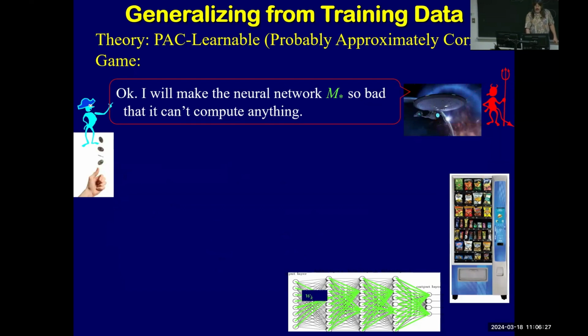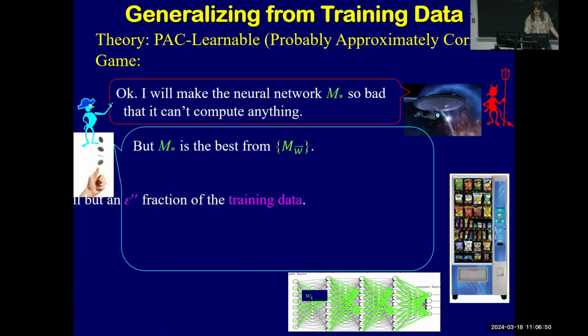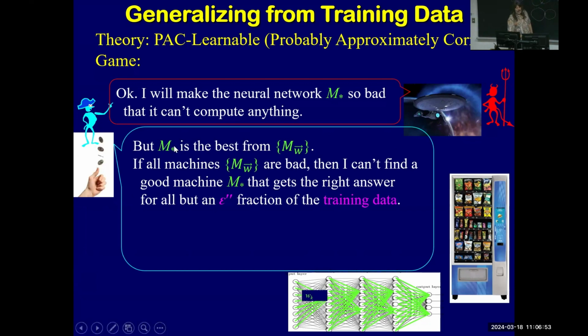So the adversary can say, oh, well, I'll just make your machines really bad so they can't compute anything, right? And how do we handle this adversary who's being mean to us? Exactly, right? So here, our machine is the best one from here. And if all the machines are bad, then we choose random training data and there's no machine that does well on it, right?